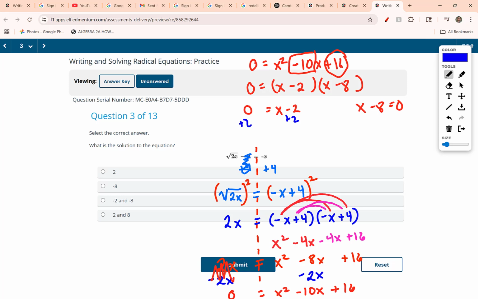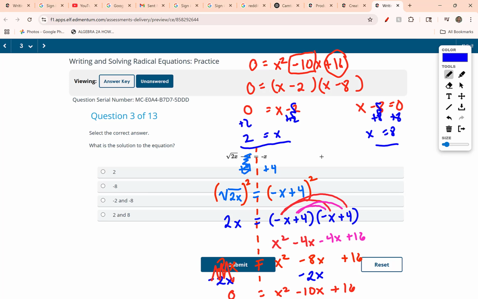Add 2 to both sides. One of our potential solutions is x equals 2. And the other one, when we add 8 to both sides, we get x equals 8. So now our last step is to determine if either one of these is an extraneous solution.